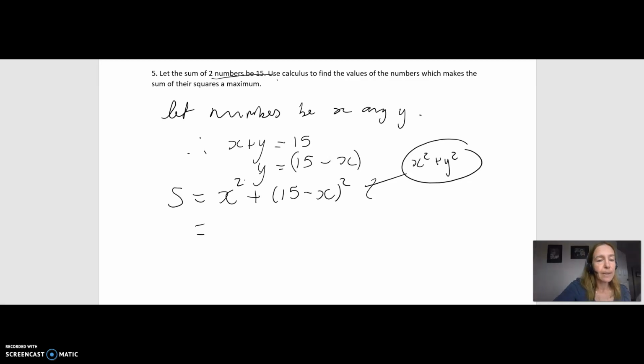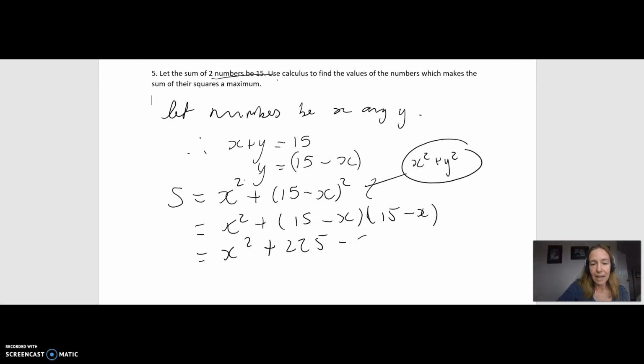But when I say that's the hard part, remember when you are multiplying out, write it out properly. Okay, so that is going to give me 15 times 15 is 225 minus 30x plus x squared.